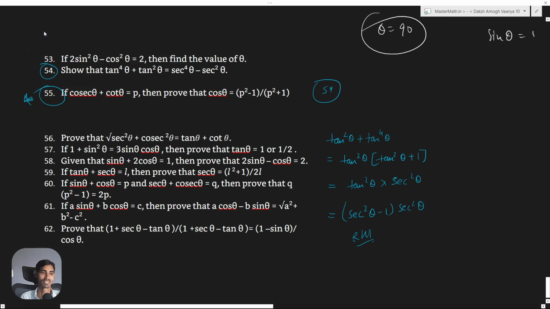Yes, Daksh? Please explain the 54th question. I don't understand. Okay. We have these steps. Which step don't you understand? Just tell me. There should be one step that you didn't understand, or the first step, basically. Yes, sir. The first step. What's the first step?